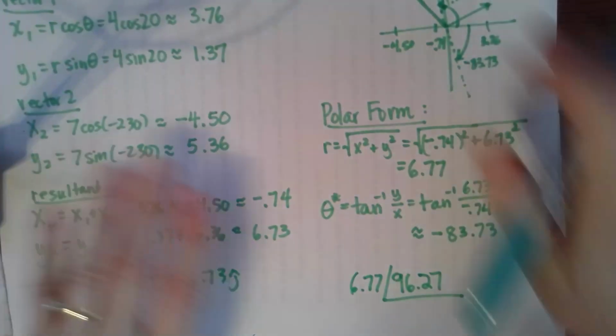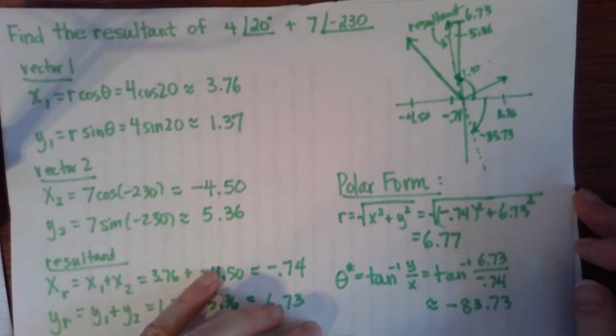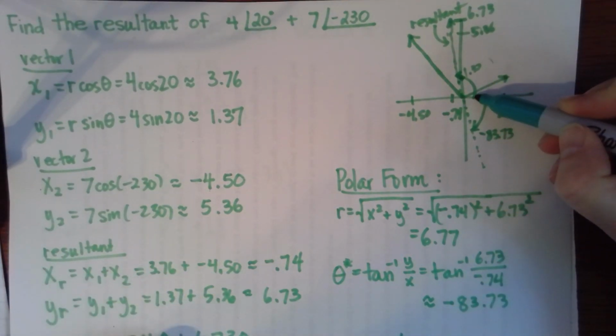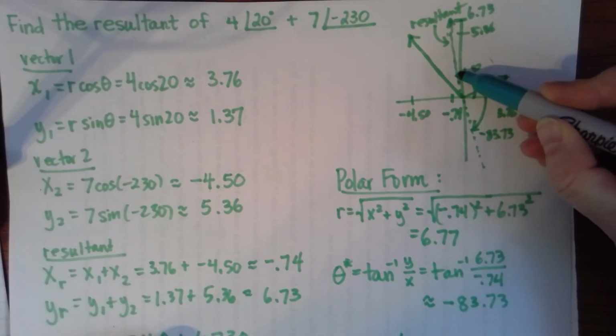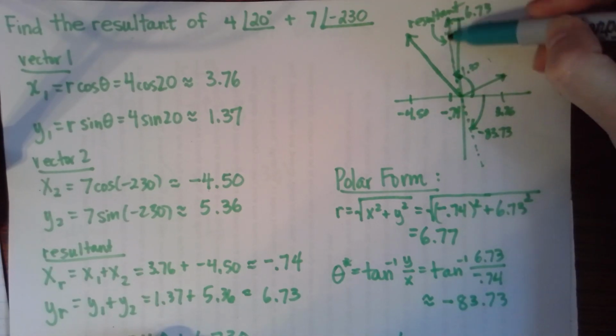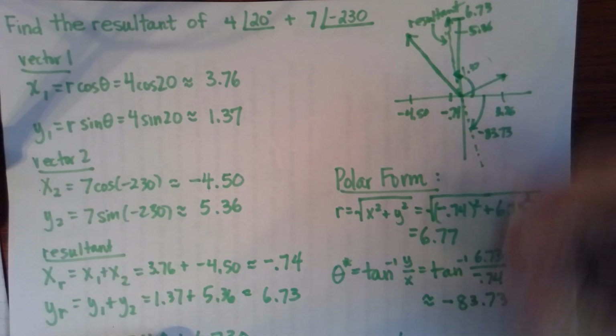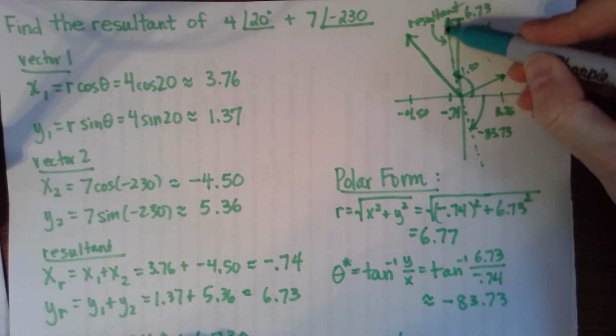Now again, if you have a little picture, you can verify that that makes sense. I'm at 90 degrees here, and I'm going a little bit past that because I'm just barely in the second quadrant. And then I have this 6.77.